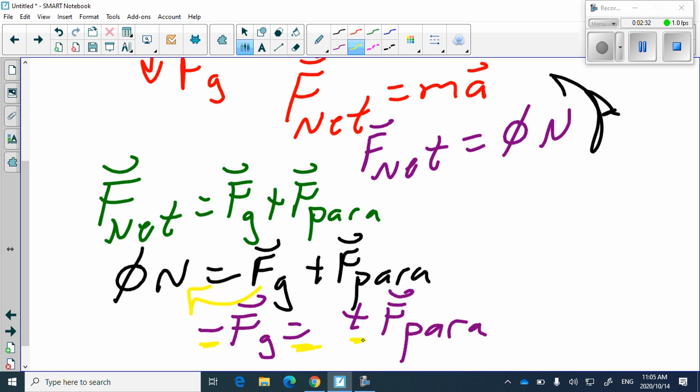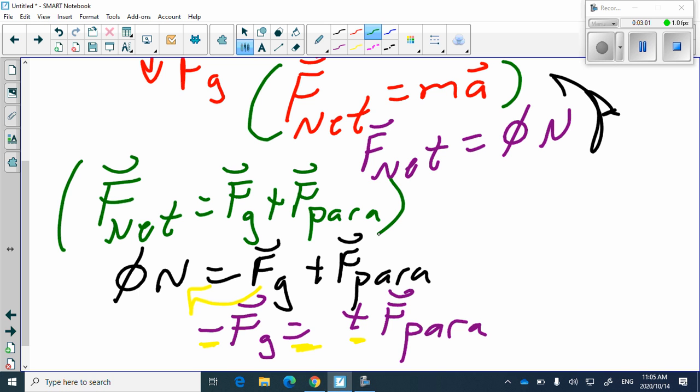Terrific. That's a good lesson for you kids, because this situation here, I want you all to listen to this. This situation here, where I use F net equals ma, and I use F net is the sum of all forces, and I use these two equations together, is one of the most important key ideas for this entire chapter, and even the next one.